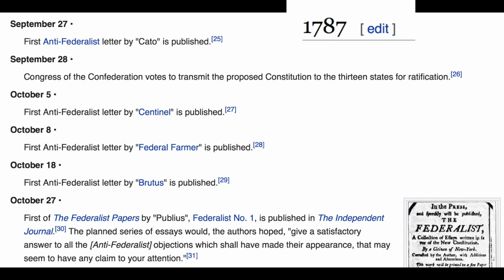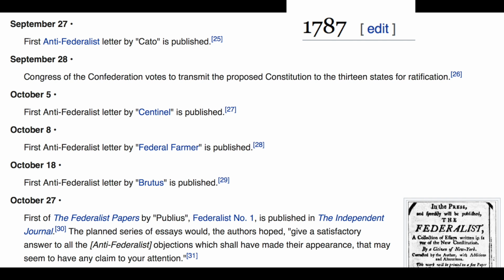October 27th is the first Federalist paper. It says here, first of the Federalist papers, Publius, Federalist number 1, is published in the Independent Journal. The planned series of essays would, the authors hoped, give a satisfactory answer to all the anti-Federalist objections which shall have made their appearance that may seem to have any claim to your attention.